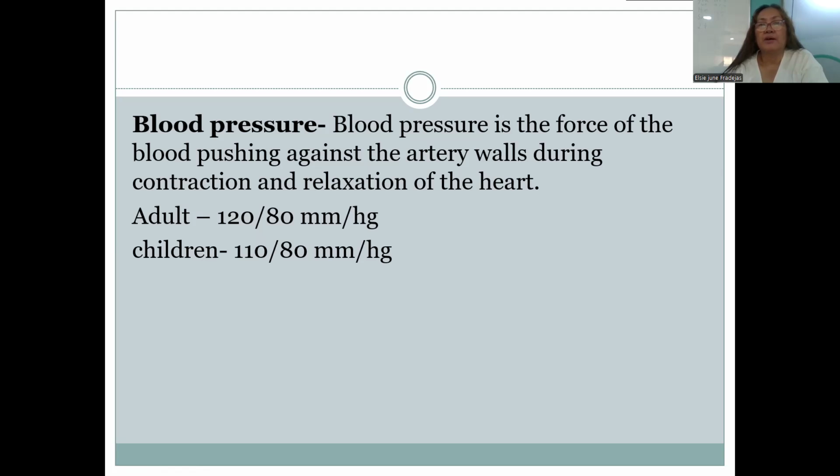And when your heart relaxes, we call that diastolic. You can hear the last beat from your stethoscope. For adults, the normal blood pressure is 120, which is the systolic, and 80 is the diastolic, mm of mercury. For children, the normal blood pressure is 110 over 80 mm of mercury.